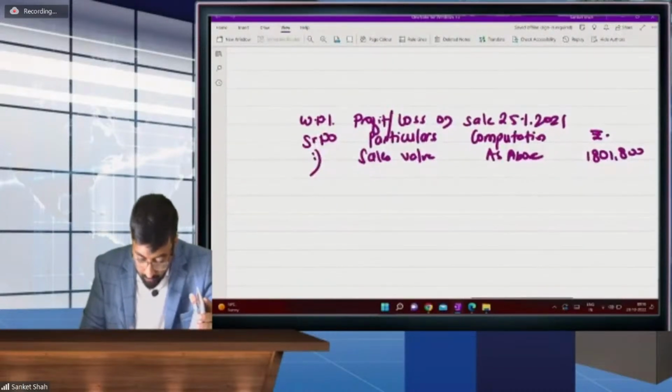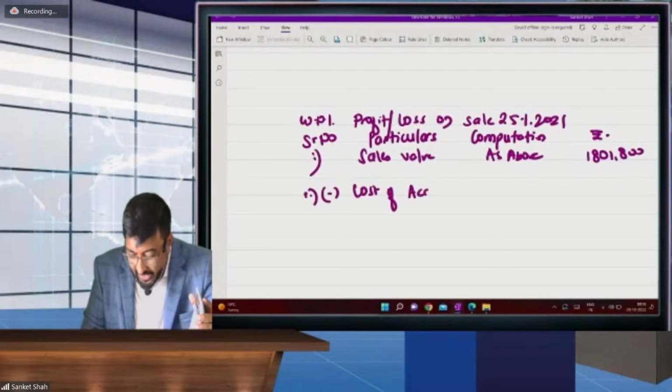Roman 2. Less cost of acquisition, same working note.